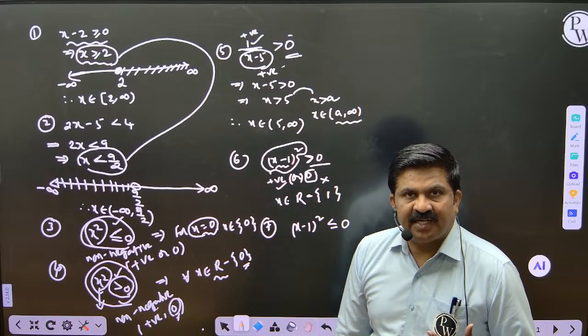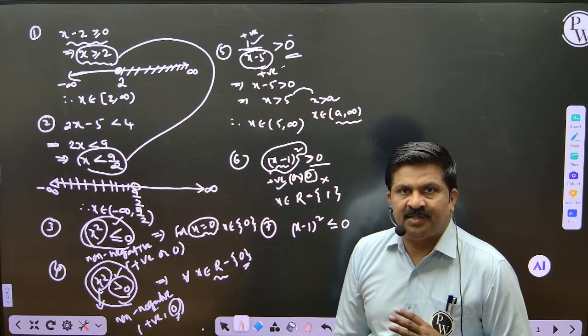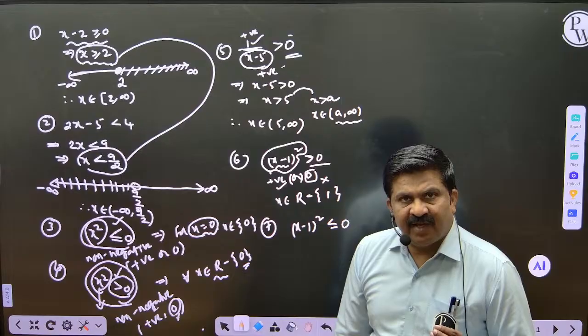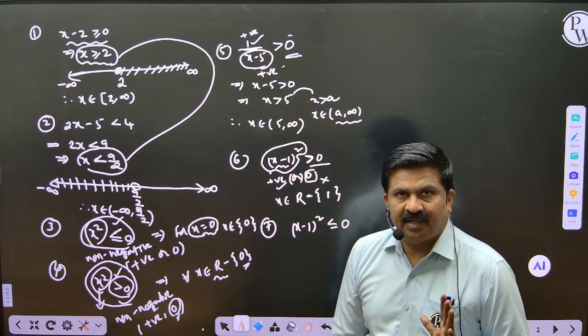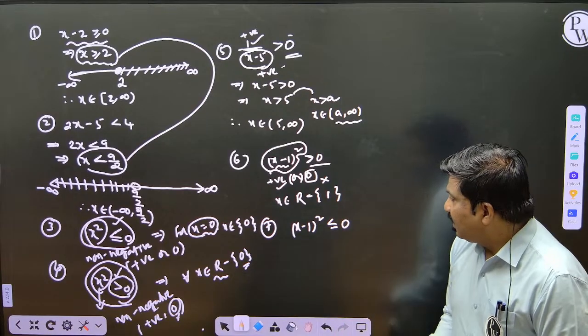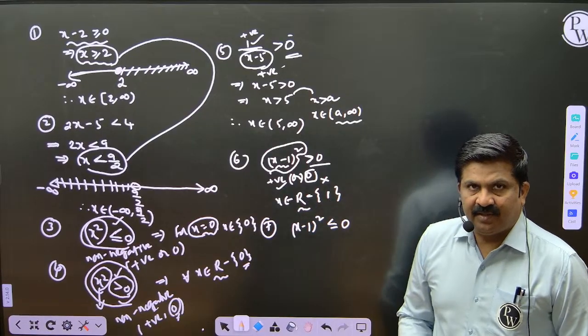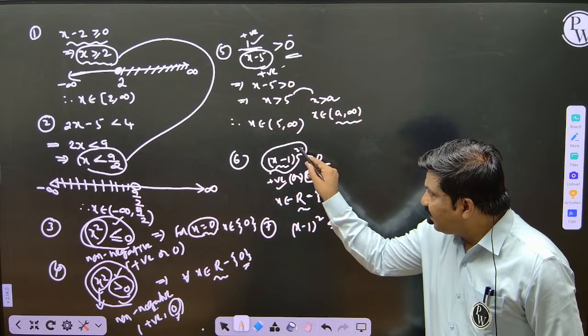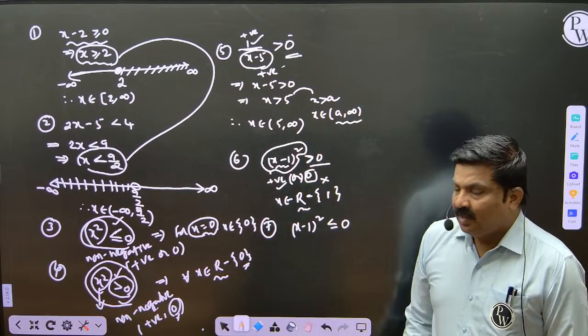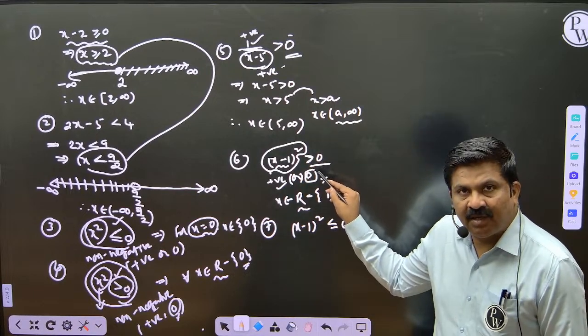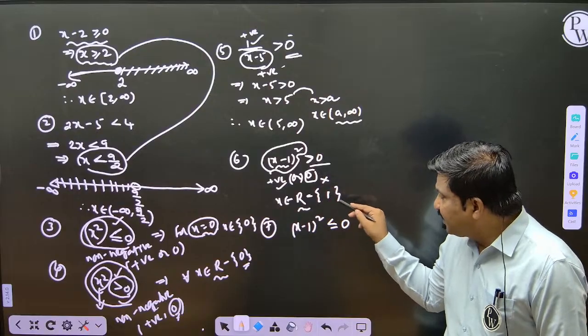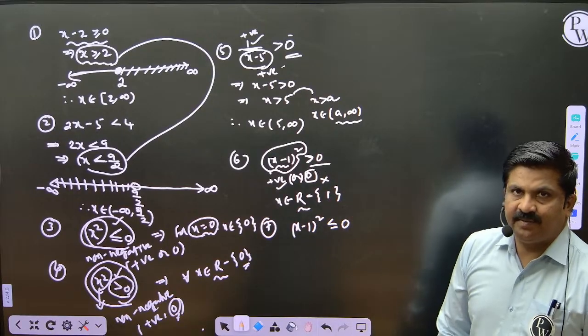That's why you check for what values of x it is positive. For every value of x it is positive. That's why I have written x belongs to R. But why did I delete 1? For 1 its value is what? 0. But in the inequality 0 is not given. That's why the 0 part is eliminated.